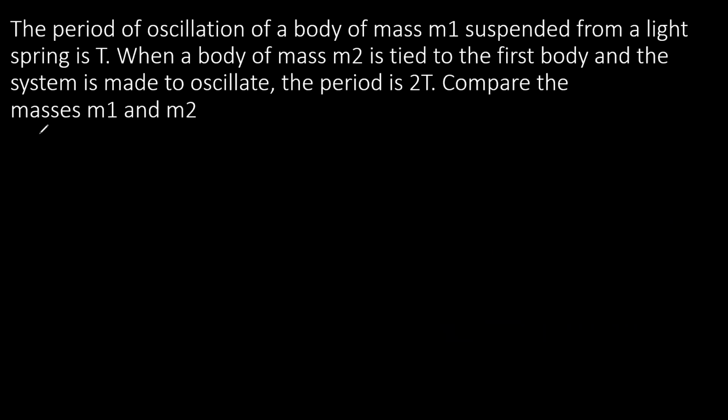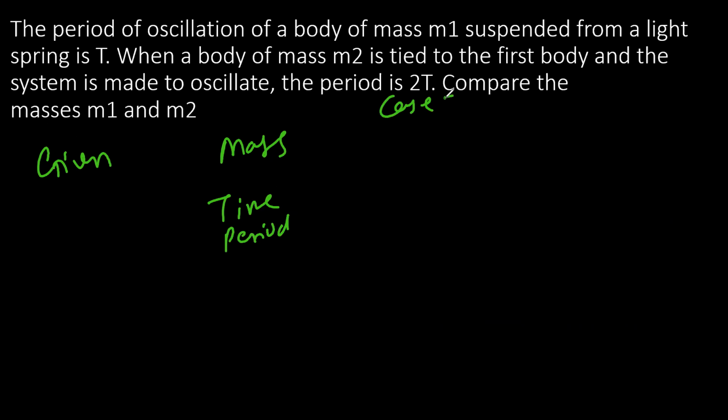Okay, let's see. So the first condition, so we can say given. In case 1, we can make a block: mass and time period, case 1 and case 2. In case 1, the mass is m1.